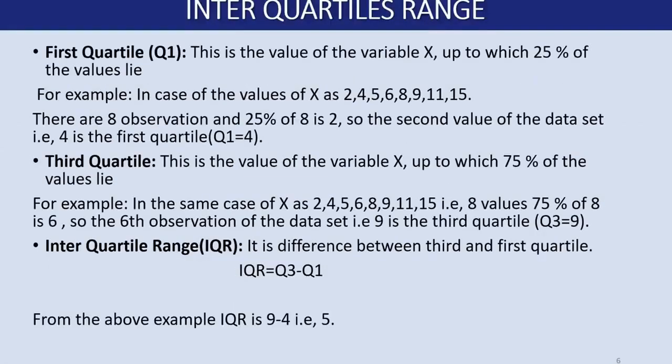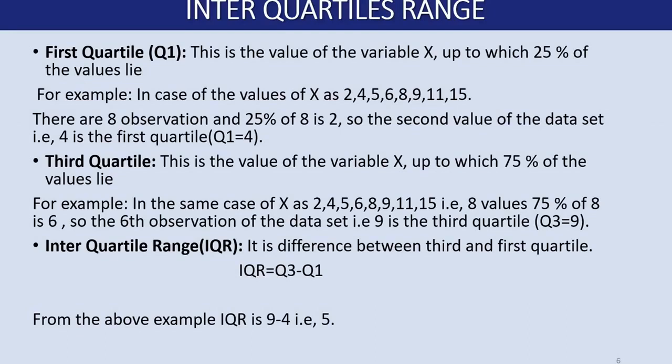Next, we have inter-quartile range. The first quartile is the value of the variable x up to which 25% of the values lie. For example, in case of the values of x 2, 4, 5, 6, 8, 9, 11 and 15, there are 8 observations. 25% of 8 is 2, so the second value of the dataset is 4, which is the first quartile.